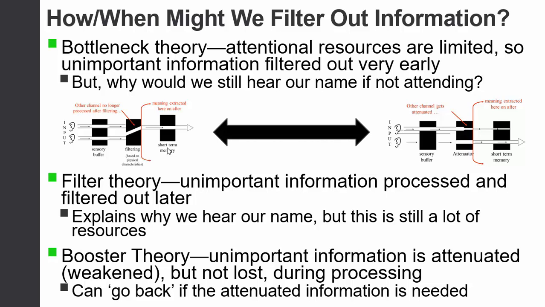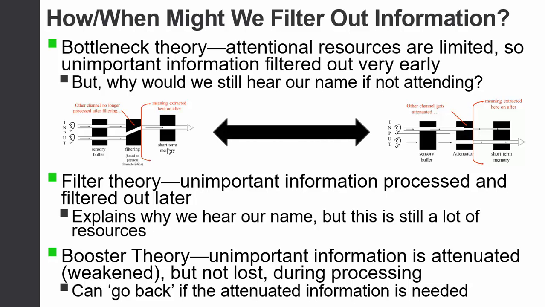Now, as I've already suggested, both filter and booster theories are late-stage filtering ideas. And so unlike bottleneck theory, where everything's dropped before the perceptual system, in both of these theories, information makes it into the perceptual system, and then at some point in between the perceptual system and higher cognitive abilities, such as short-term memory, that unimportant information gets processed and filtered out.